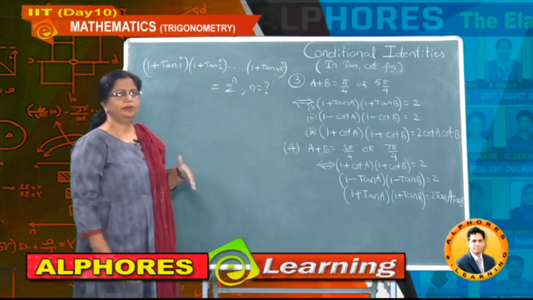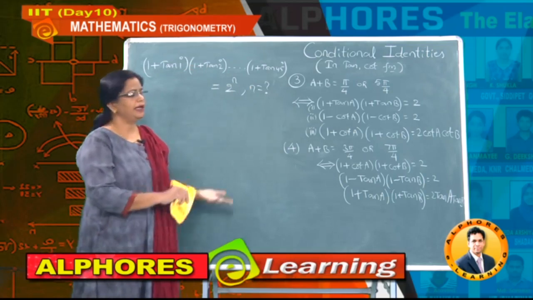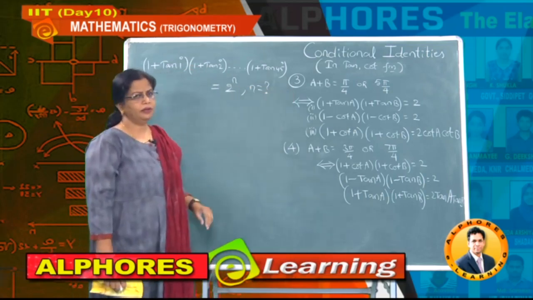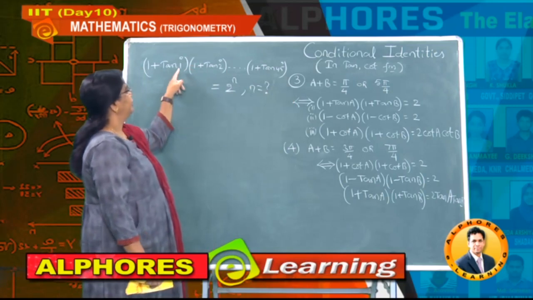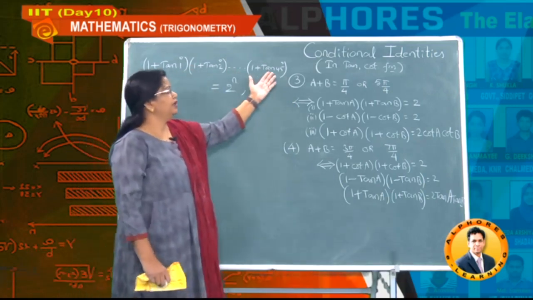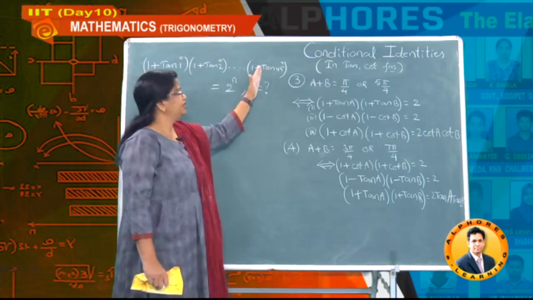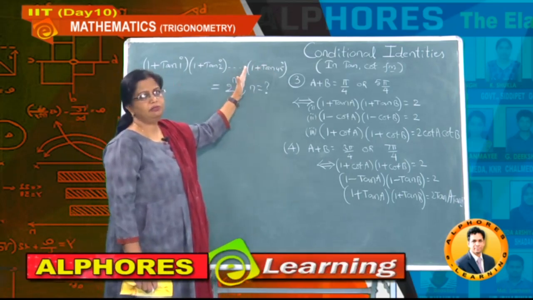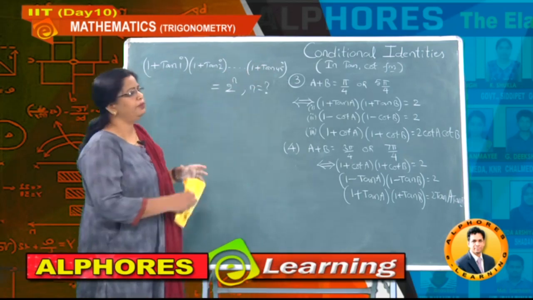So what do we have to do next? Another conditional identity kind. A plus B: 1 plus 45 is 46, but 1 plus tan 45 is already a known value. So what is the preceding term, the last but one term? 1 plus tan 44.